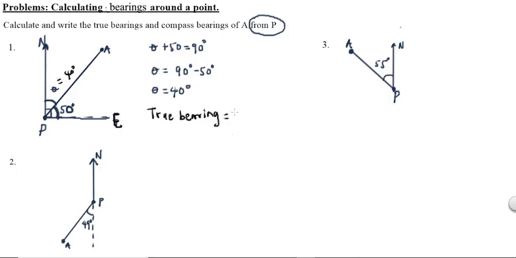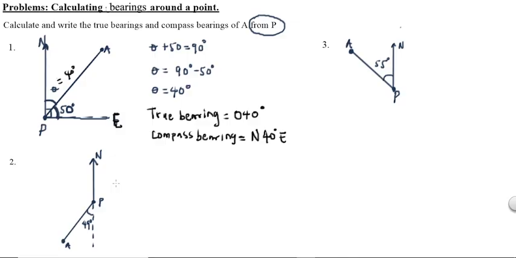Remember, our true bearing is always written in 3 digits, so it will be 040 degrees. Now for our compass bearing, let me write it here. We are starting from the north as a reference point and we are moving towards the east. So our compass bearing is simply north 40 degrees east. Let's go to example number 2.